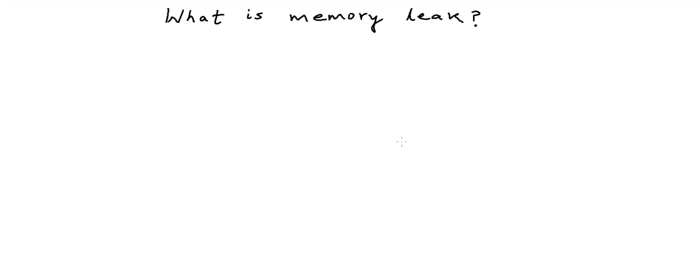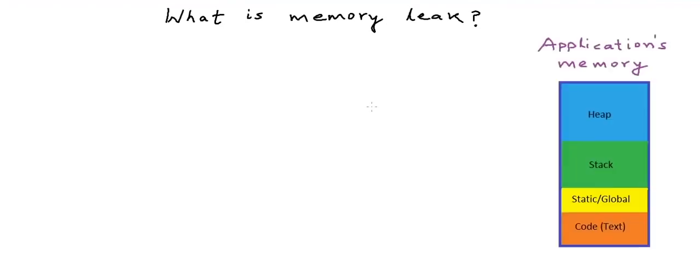A quick recap of some of the concepts that we have discussed in our previous lessons. The memory that is allocated for the execution of a program, or what we can also call application's memory, is typically divided into these four segments. One section stores the instructions in the program that need to be executed. This section is called the code segment or the text segment.